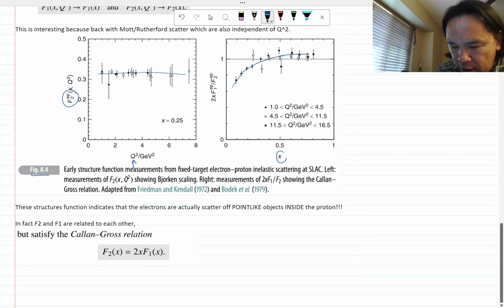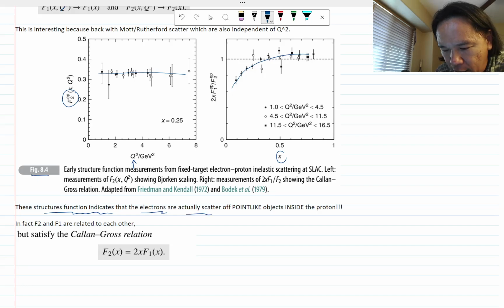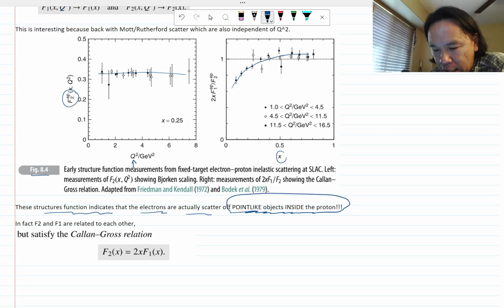What this indicates is that the structure function is telling you that the electron is scattering off some point-like object inside the proton. When people experimentally saw this, they said there must be something inside the proton that we're scattering off of that's acting like a point-like object.